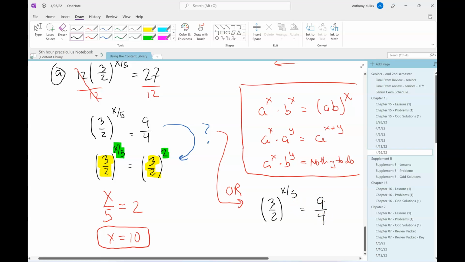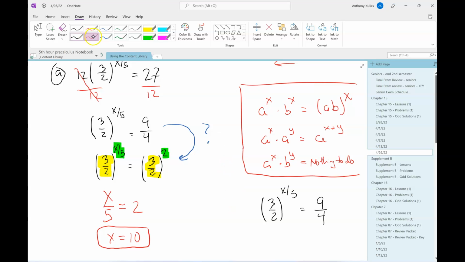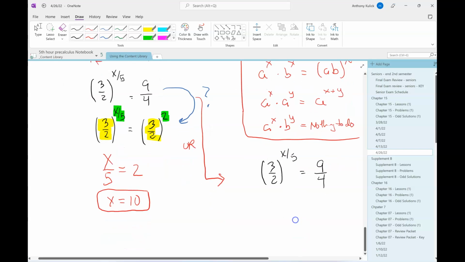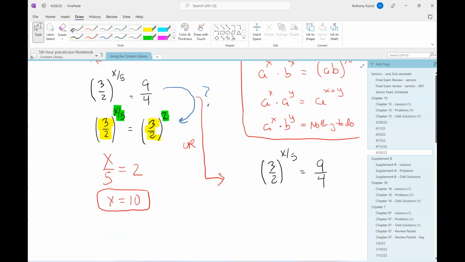Or another way of thinking about solving this problem, if I did not feel confident that I could do that. What do you guys think, considering I'm making a big deal of this? Yes, there's another approach that you can take that's a little bit more systematic.